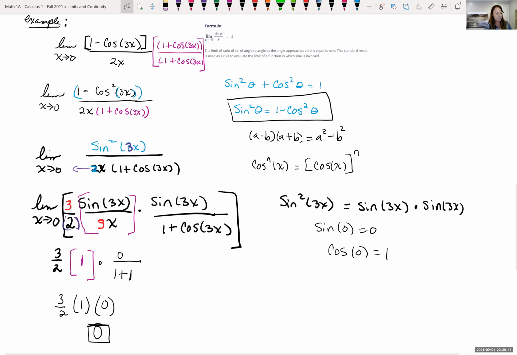So again, if we graph this and look at the limit on the graph as x is approaching 0 from the right and from the left, the y value we should be seeing is approaching 0.